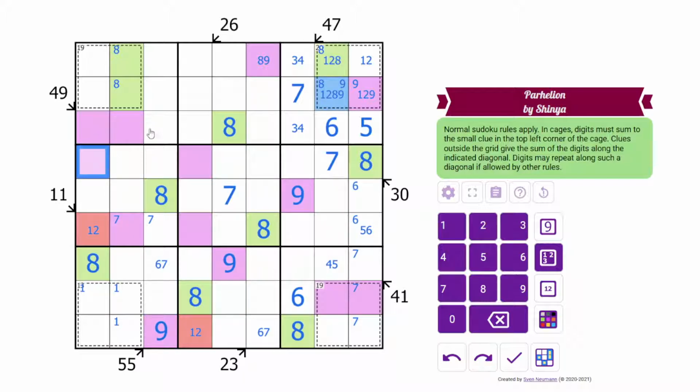If neither of those are 9s or 8s, then this is reasonably restricted. Because then this would have to be 6. This would have to be 7, 6.